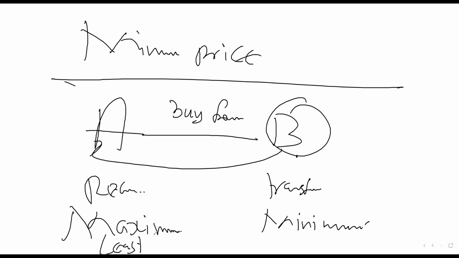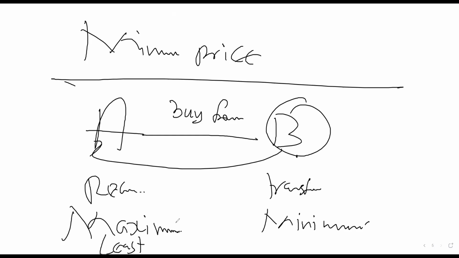Who can explain why we say it's the least on the market? Because I am buying things from you and you are charging me. So the maximum amount I will pay, wouldn't it be the least on the market?